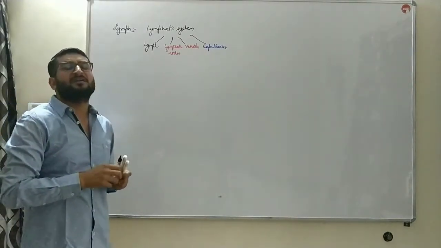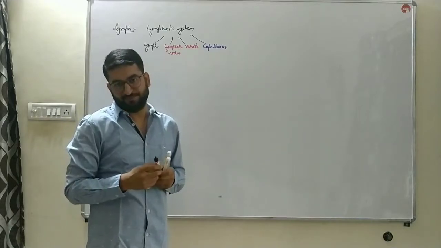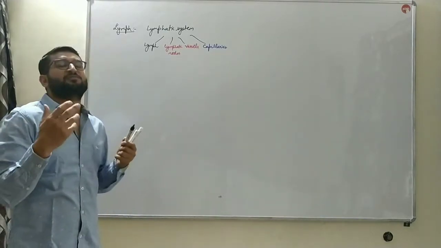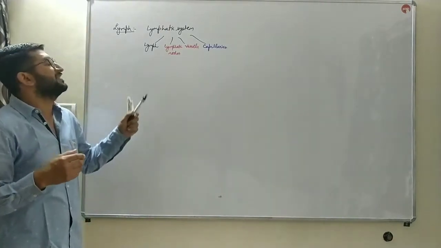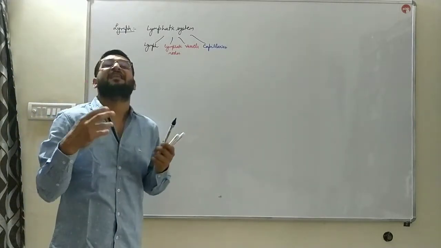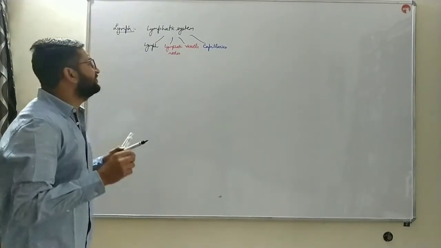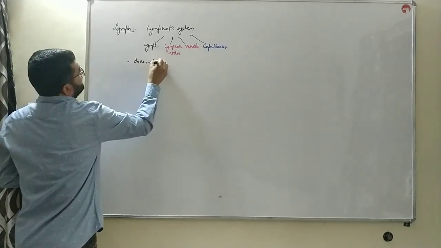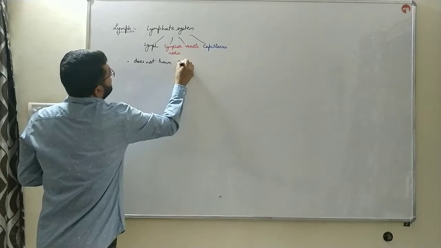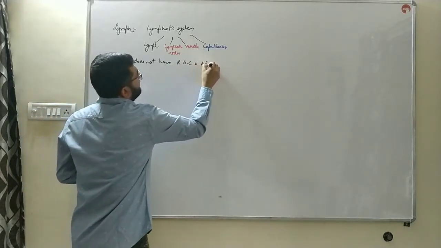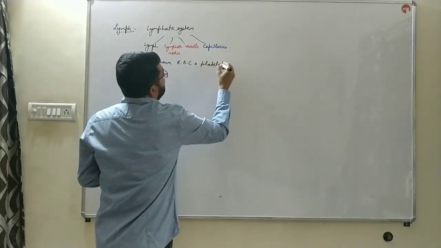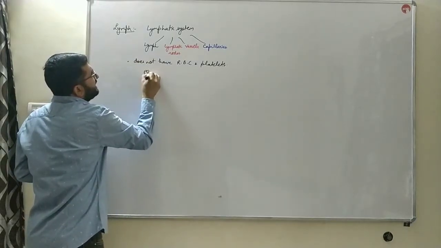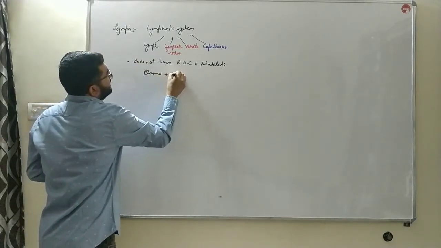Lymph is a colorless, non-viscous liquid which is formed by the blood in the special tissues, in the special glands known as lymphatic nodes, lymphatic glands. Lymph does not contain RBC and platelets. So it only has plasma and WBC.